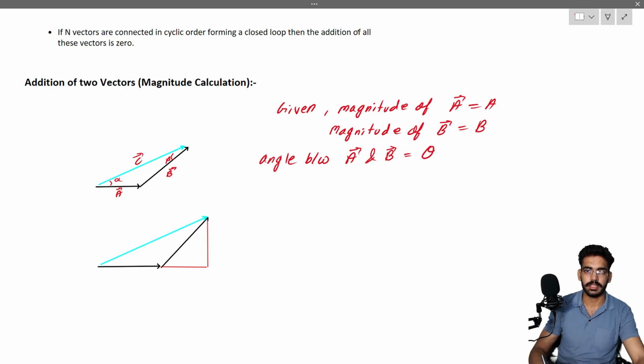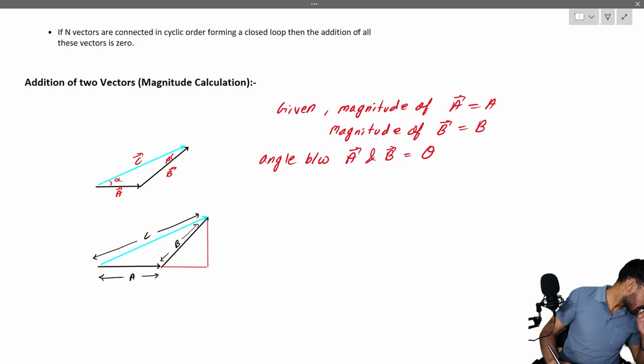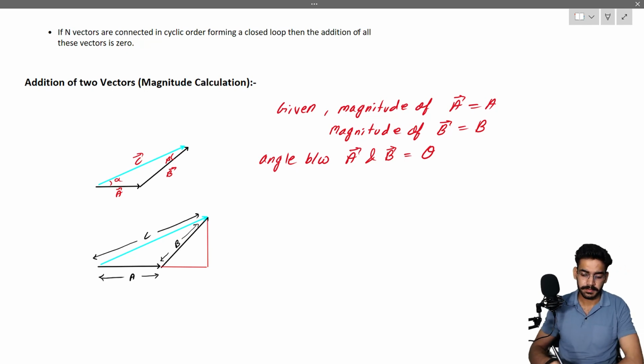We will write down these things again. Here we have a vector, this length is a, so I can write this as a length, and this length I can write as b, and this is your c length. And thus we have angle theta. I'm assuming this as x and this as y.